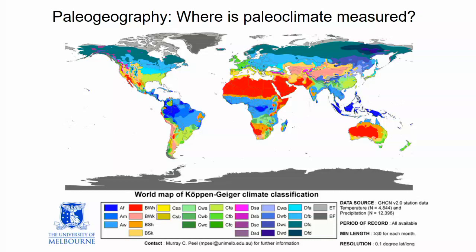So one of the many important things is that you need to consider where your rocks are if you want to reconstruct climate. Because at any one time in the past, the Earth has got lots of different positions on it where rocks can form. So if we just take the present for an example, we've got the climate that we have now, but we might have rocks that are forming in a desert environment.